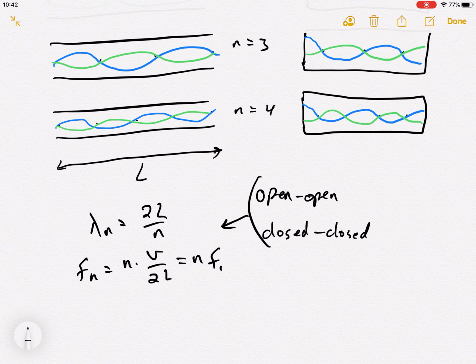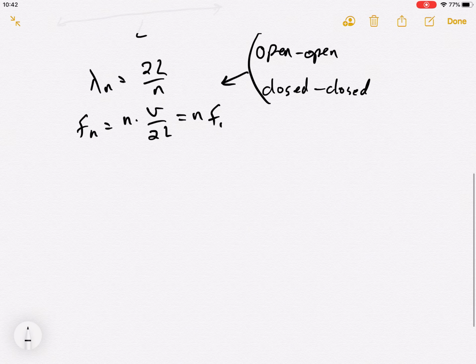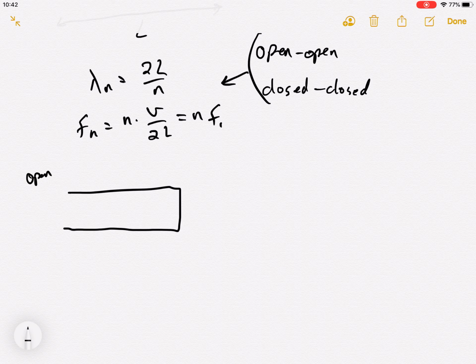But you can imagine one more system, which would be an open-closed system. What does that look like? Well, an open-closed system looks like that, right? I've got an open end over here and a closed end over here.